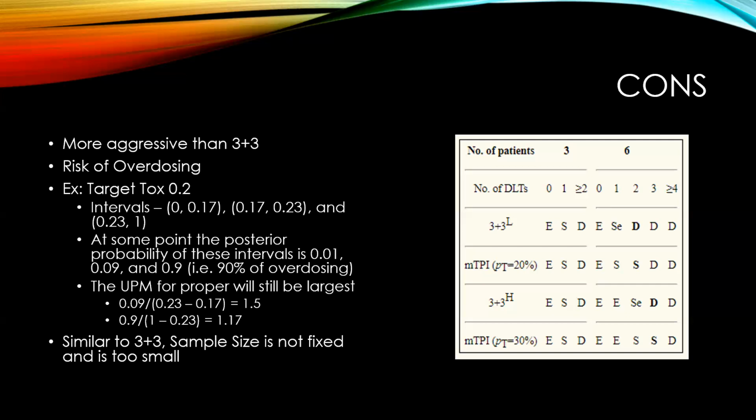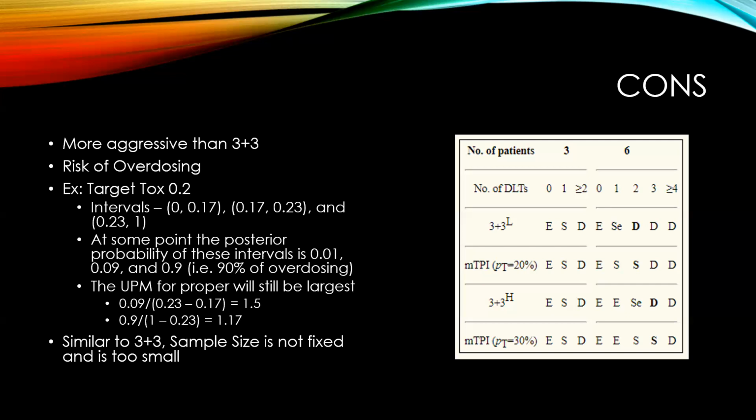Maybe statistically it seems to work validly, but in practice, that's not something we want to be doing. It's pretty risky. And the reason for this is because the UPM itself cannot appropriately quantify the evidence of overdosing. It's non-proportionally weighting the evidence of underdosing and proper dosing, due to the different lengths of the 3 intervals.